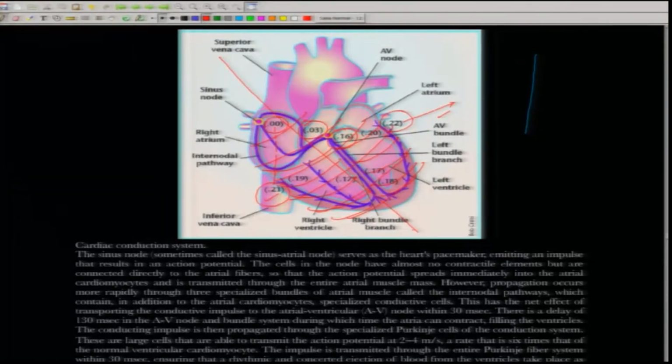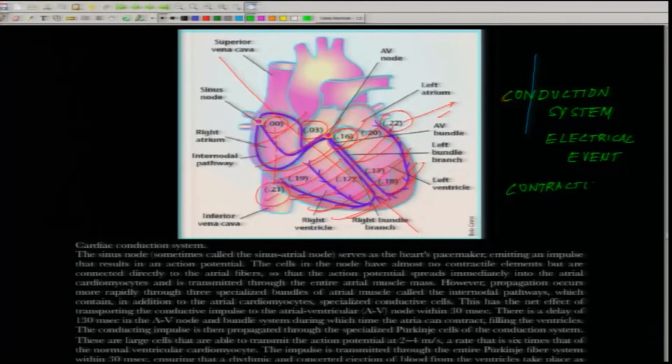So, in this process of repetition, there are two electrical events and one mechanical event which is happening. This is the conduction system electrical event, and the contraction system, which is the action potential of the cardiac myocytes.